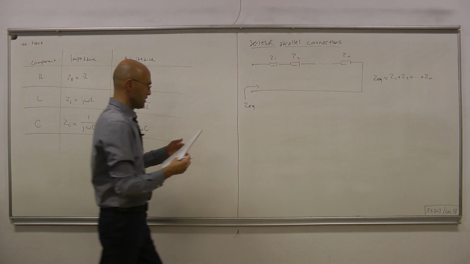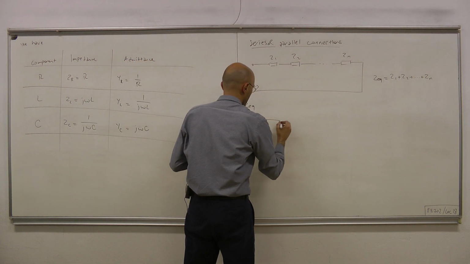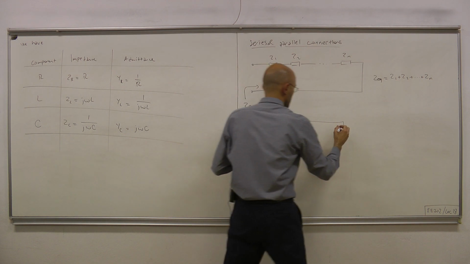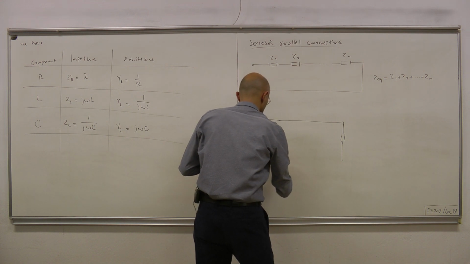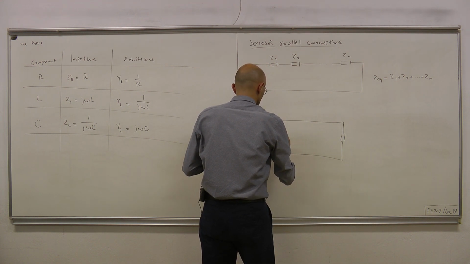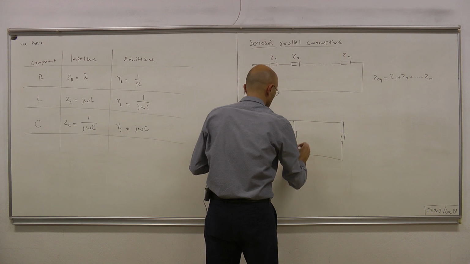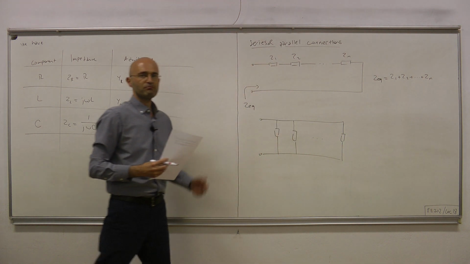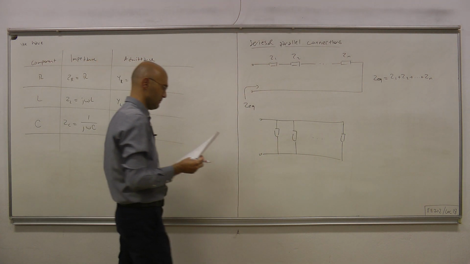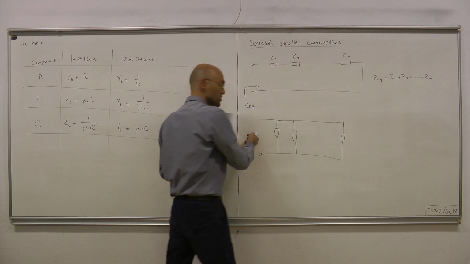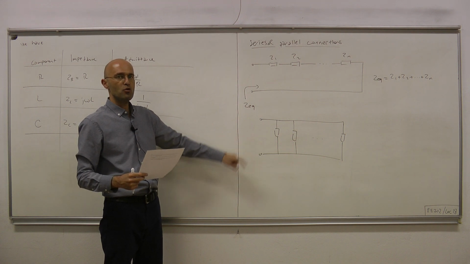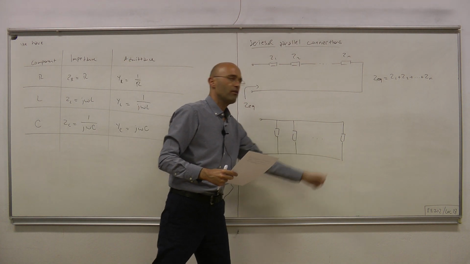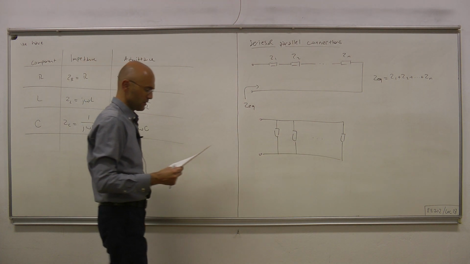And the dual case also holds. We have a bunch of one-ports, this time connected in parallel, and we construct this new one-port. It turns out that the admittance of this new one-port equals the sum of individual admittances.